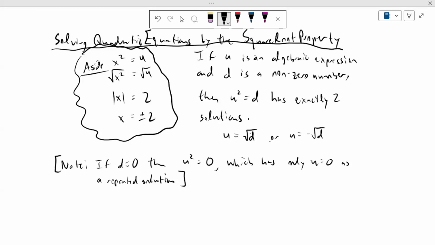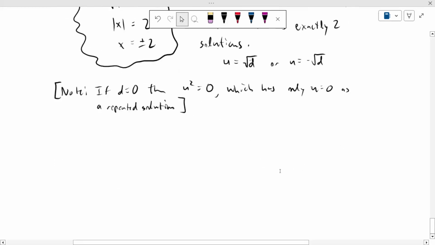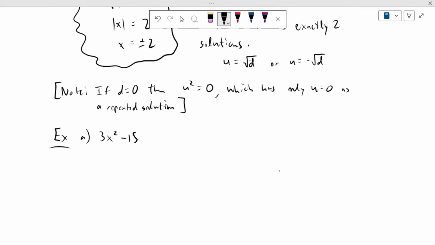Okay. So let's do an example. For part A, let's say we have 3x squared minus 15 is equal to 0. Same instructions as for the previous example: find all solutions to the quadratic equation. There's a couple ways you might start here. I noticed that 3 and 15 are both divisible by 3, so I'm going to divide both sides by 3 to make it smaller numbers.